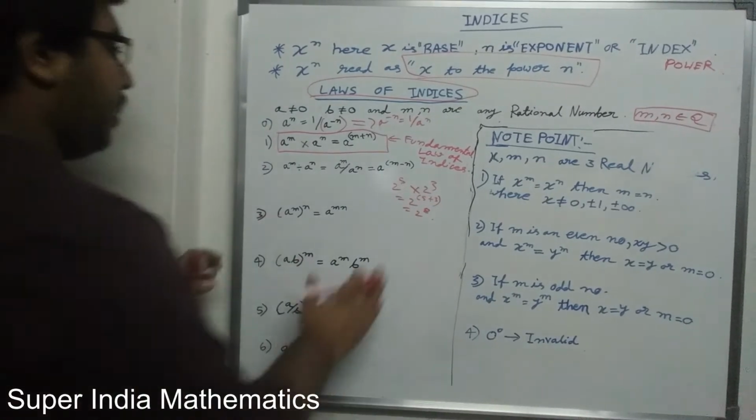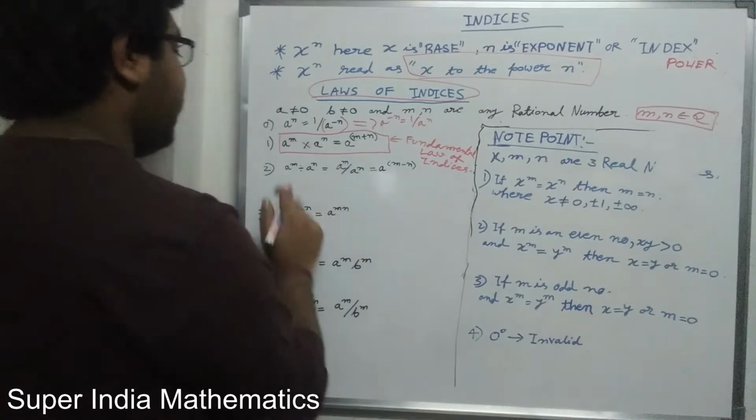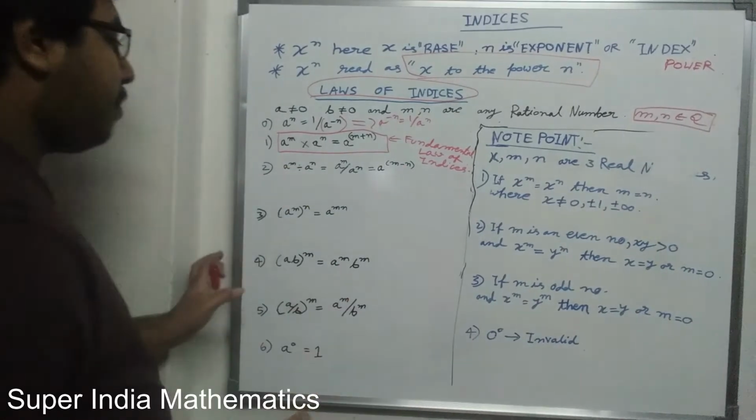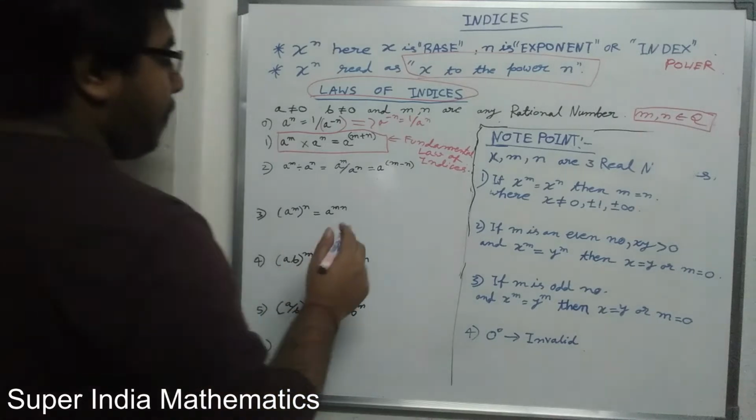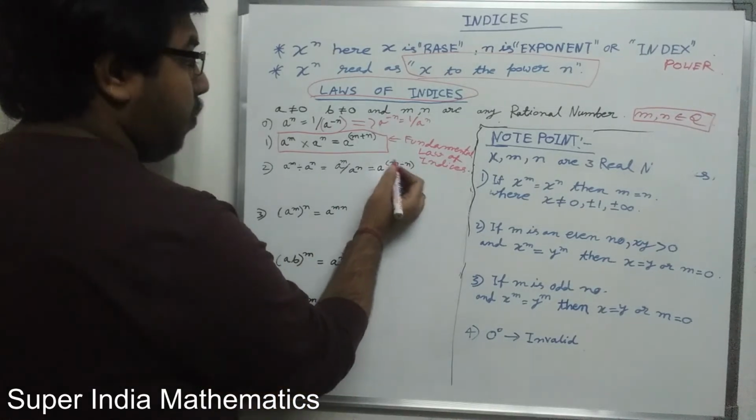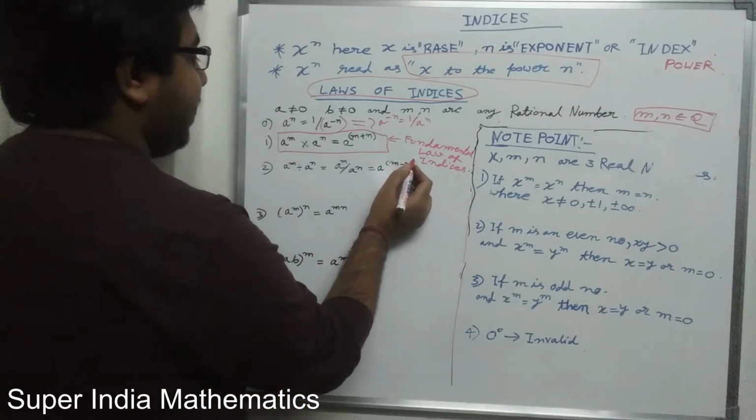The next formula is a to the power m divided by a to the power n equals a to the power m minus n.